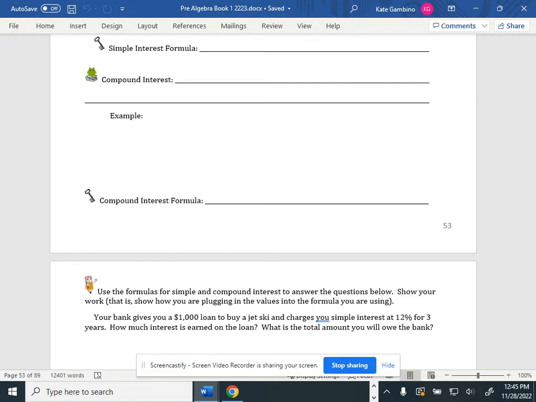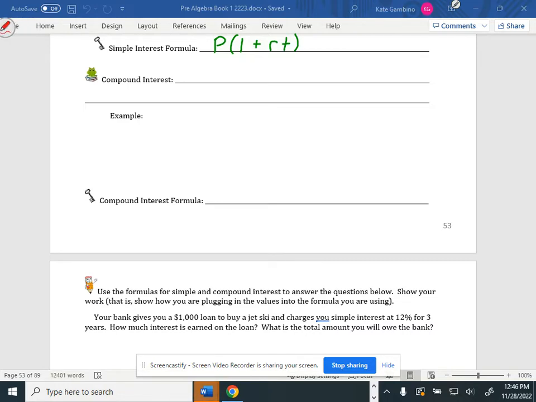So for compound interest, first I'm going to put back up here my simple interest formula. Okay, principal, rate, time, and how we work with that. Now we're going to work with the compound interest. It's not simple. Simple interest is simple to do. Compound interest is a little more complicated.